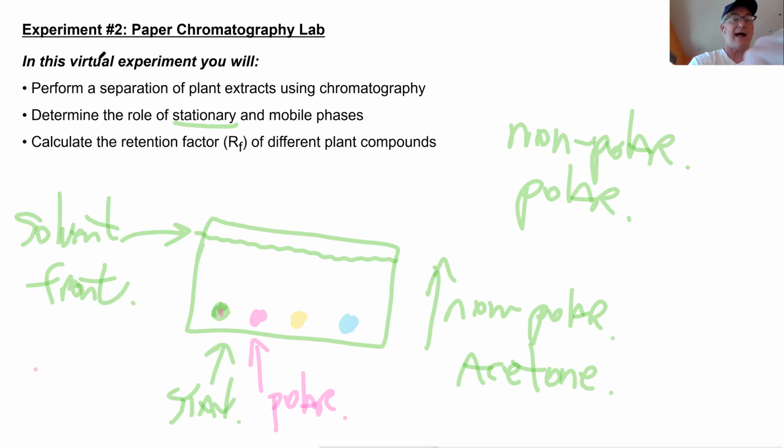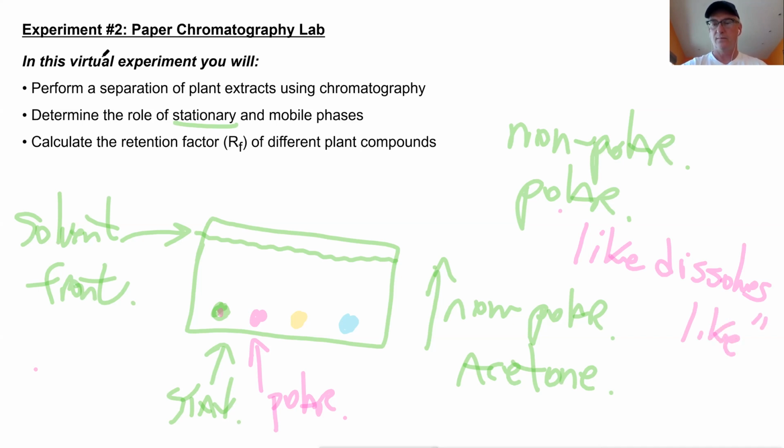Like, as we'll find out, who's heard the expression like dissolves like? Probably heard that before. Anyone know what that means? Like dissolves like? So polar solvent dissolves polar molecules, right, and nonpolar solvents dissolve nonpolar molecules.